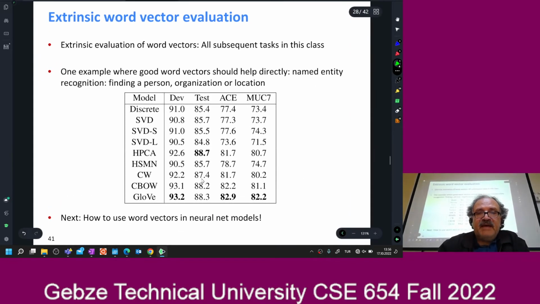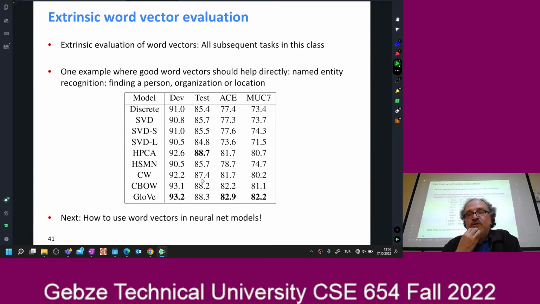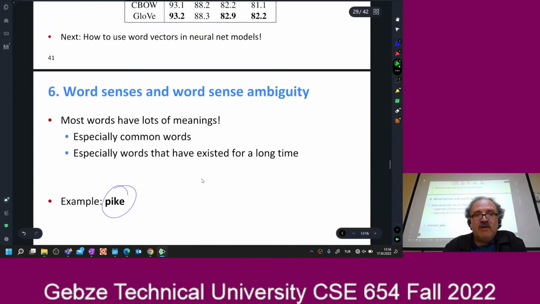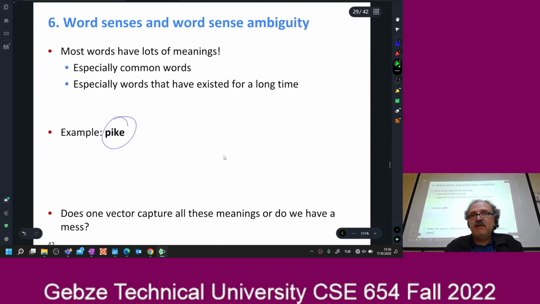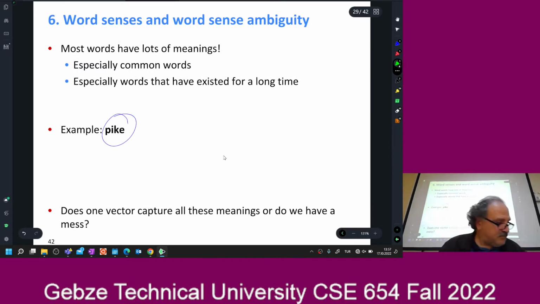And in this case, I am going to use a very well-known natural language processing problem of word sense disambiguation. Remember, ambiguity is one of our main problems, maybe the biggest problem in NLP and many artificial intelligence problems. Take this word pike.